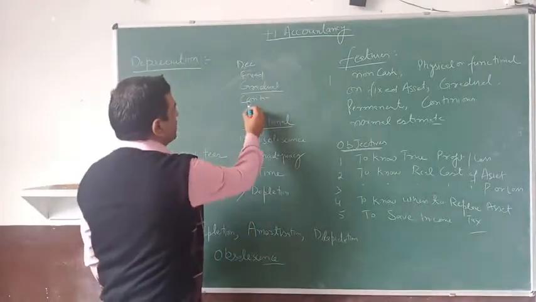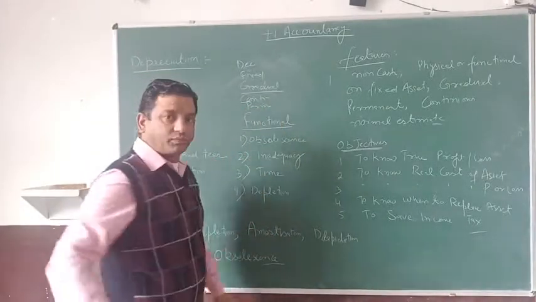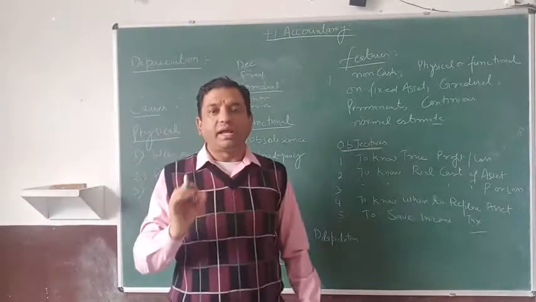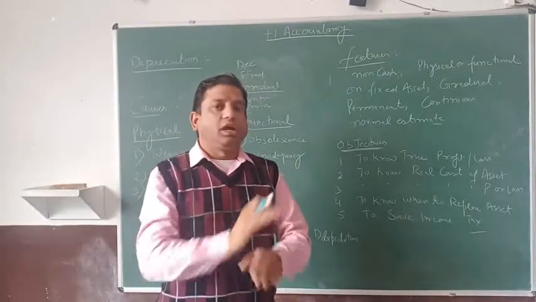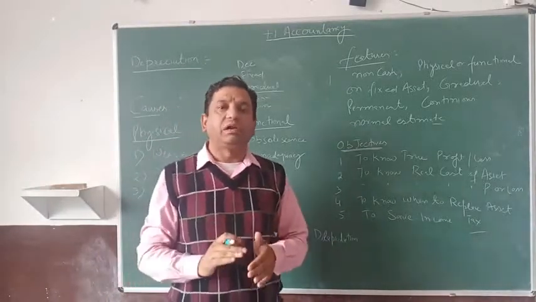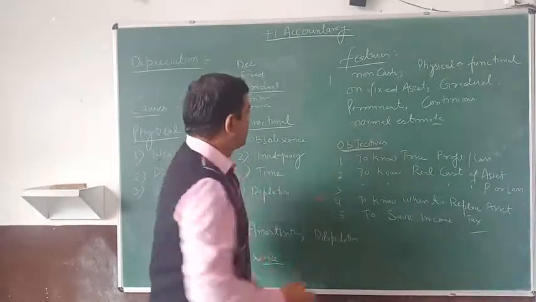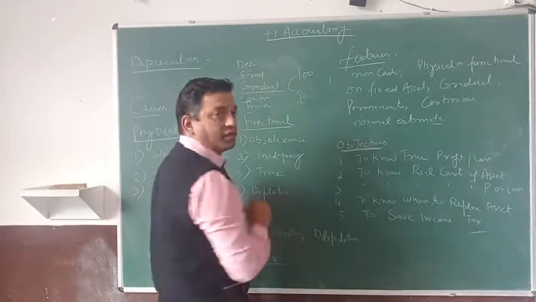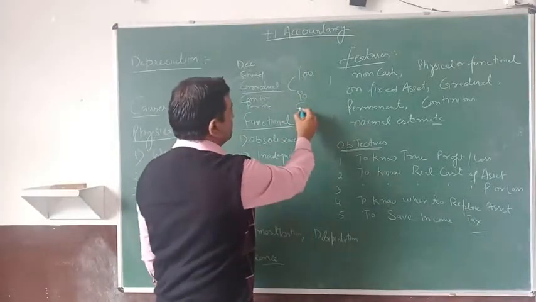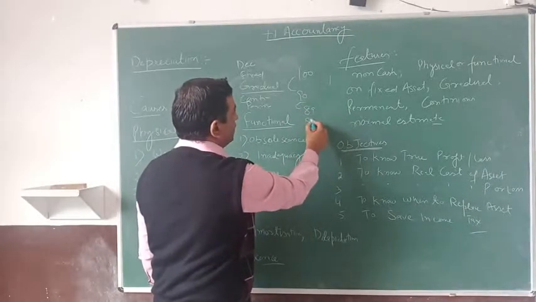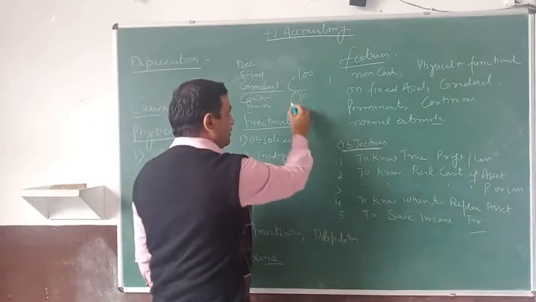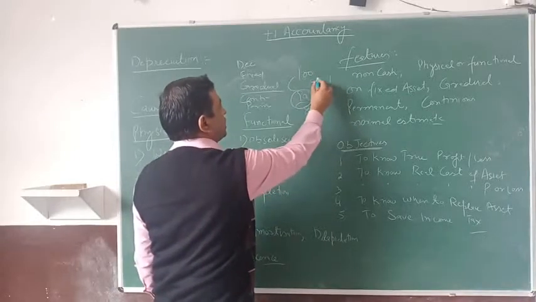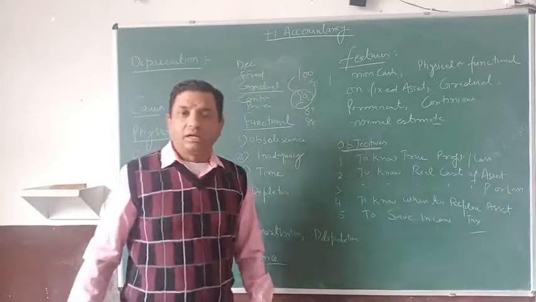Then it is permanent. Permanent means once the value of any asset decreases, it will never be possible that its value will start increasing. Suppose if an asset of ₹100 has gone to 90, then definitely next day it will go to 89, 88, but it will never be possible that it will start rising to 91.